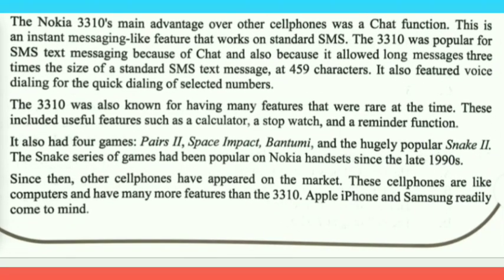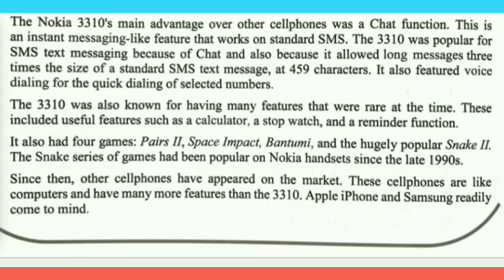The 3310 was also known for having many features that were rare at the time. These include useful features such as a calculator, a stopwatch, and a reminder function. It also had 4 games: Pairs 2, Space Impact, Bantu Mai, and the hugely popular Snake 2.